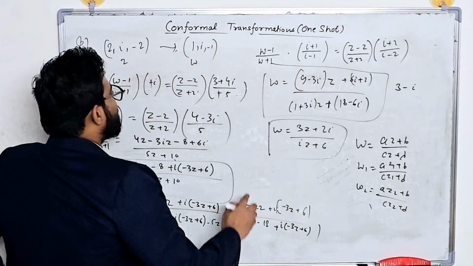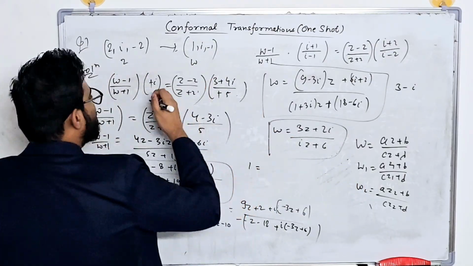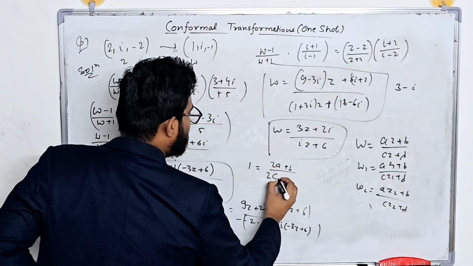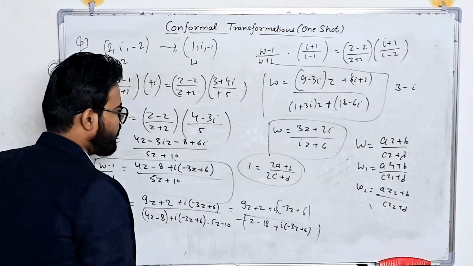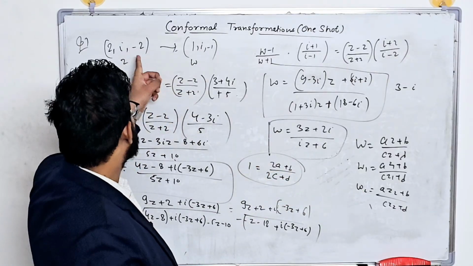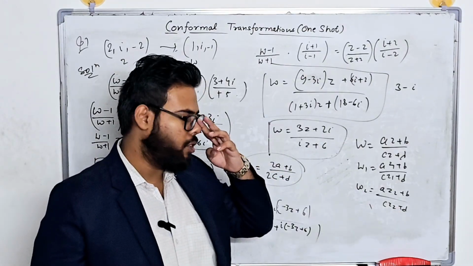For example, if w is equal to 1 at z = 2, then 1 is equal to (2a + b)/(2c + d), like this. And when w is equal to i, then i is equal to (ai + b)/(ci + d), and so on and so forth.